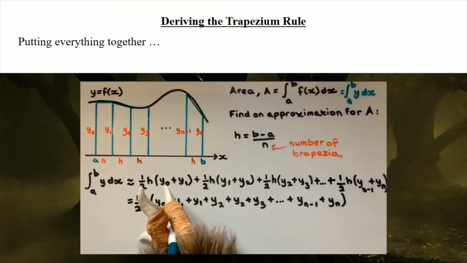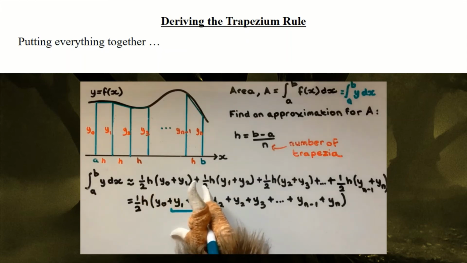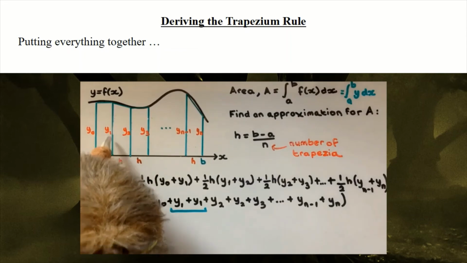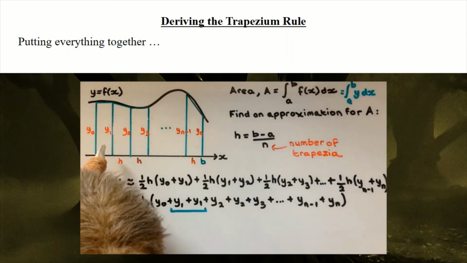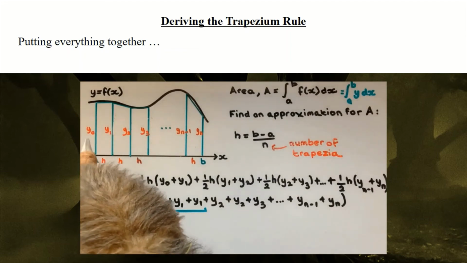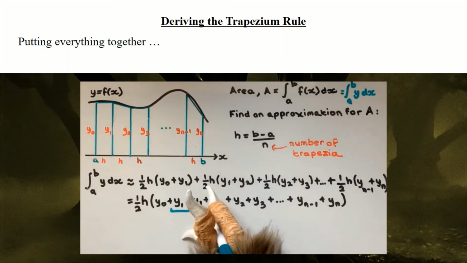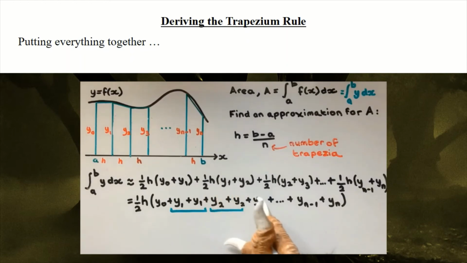So we have y1 appears twice because it's the second parallel side of the first trapezium, which means it's going to be featured in the area of the second trapezium, as we saw in the preparation task and in the previous example when we introduced this idea. And similarly, we have y2 appearing twice.